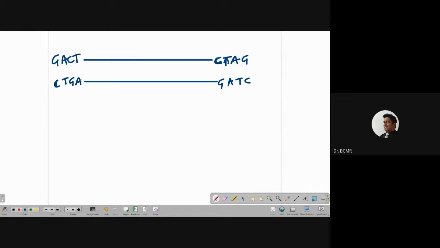This is the DNA, and I want us to design primers. Always, this is 5 prime and here is 3 prime, and this is 5 prime and this is 3 prime.